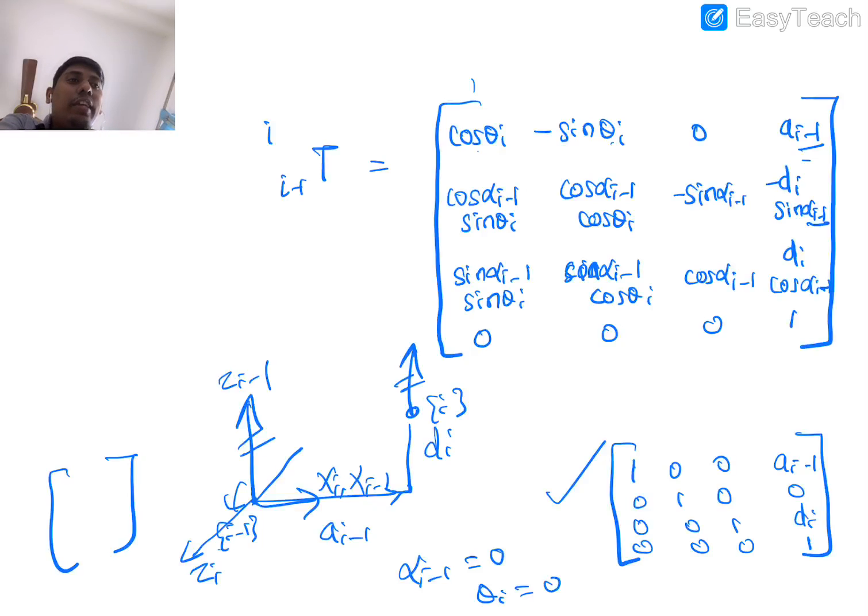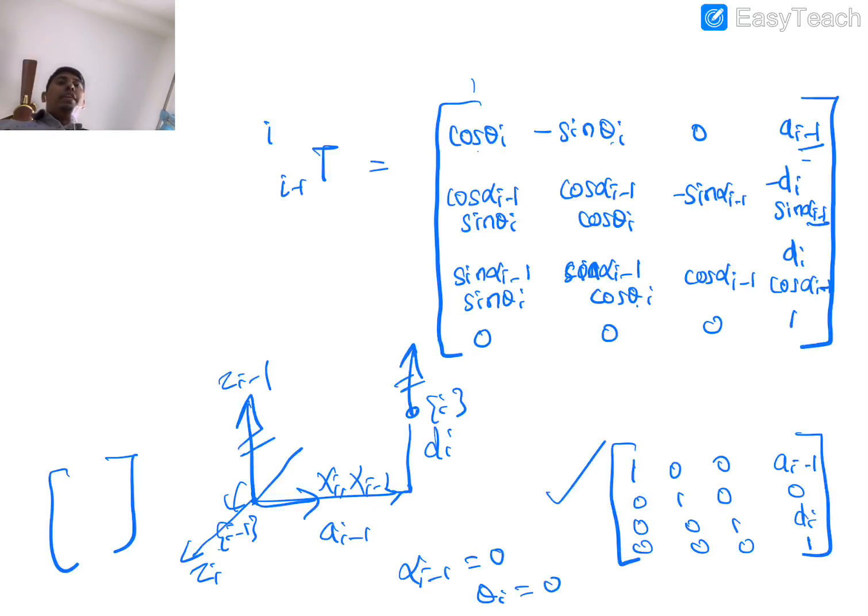This becomes 0, and you can see it is minus 1. In the sense the z axis is on the minus y direction, and this would be 0 and this would be 1 multiplied with 1, so that would be 1. That is the positive z axis direction, but it is actually the y axis, and this is 0 and this is 0. So like that you can cross check and you can get it.